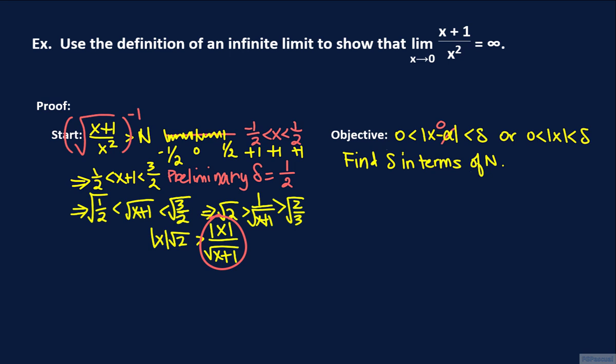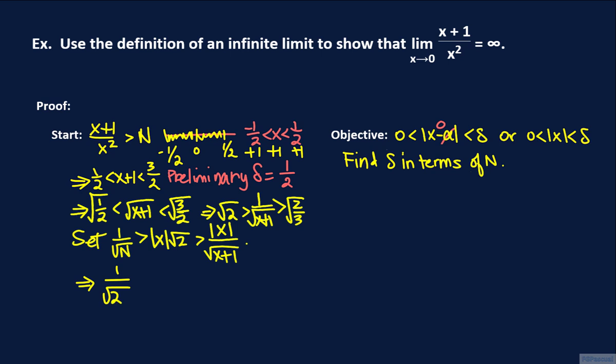And so to ensure the original N inequality, we take the square root of N, take its reciprocal, and set it greater than the absolute value of x times the square root of 2. With x between minus 1/2 and 1/2, this last inequality will guarantee that the original N inequality is true.